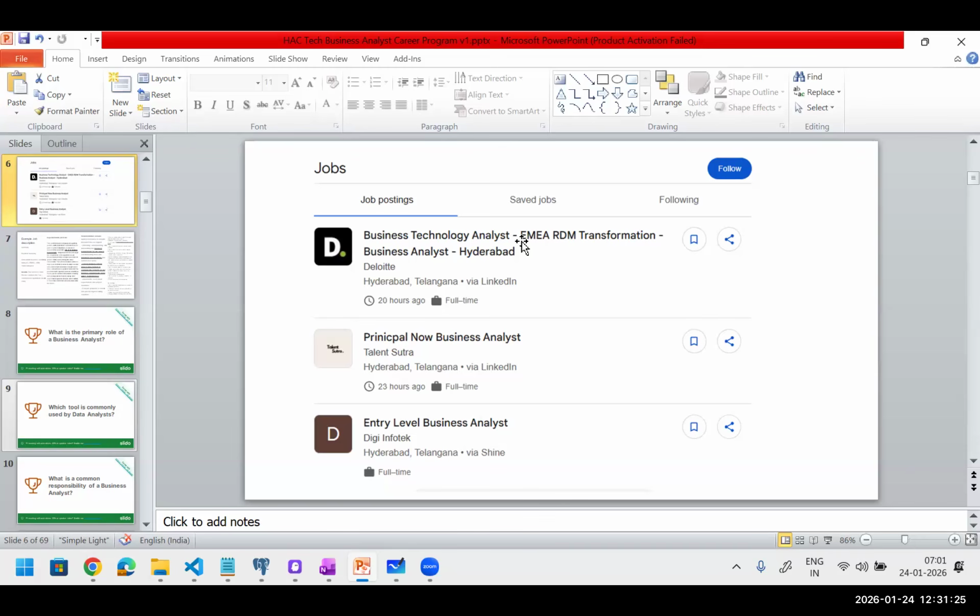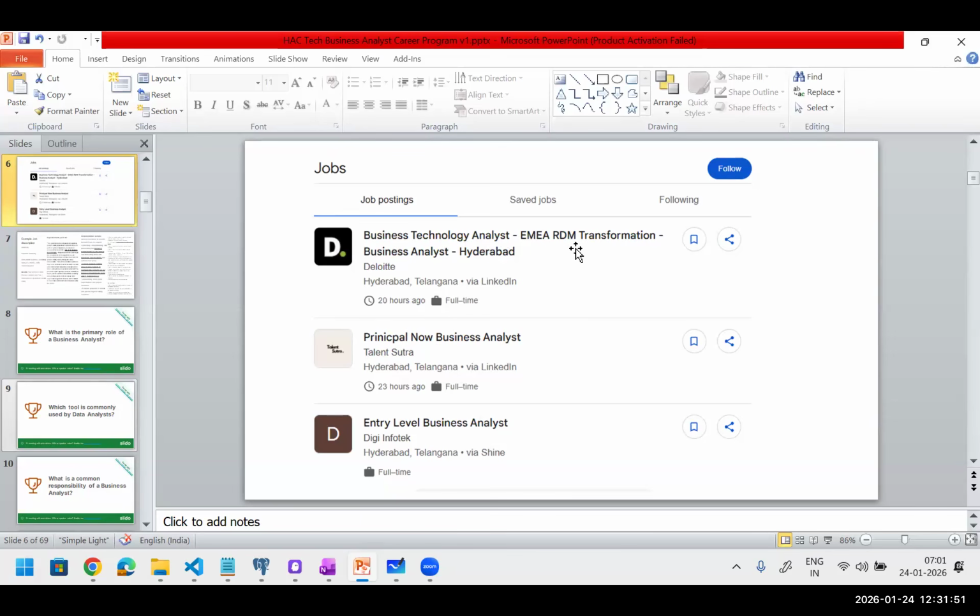Why I bring this up is because we typically use the general words business analyst or data analyst, but companies might use different titles. Don't be confused, they all come under business analysis. Like here, business technology analyst, it is the same as tech business analyst.